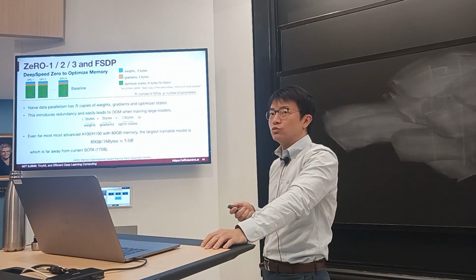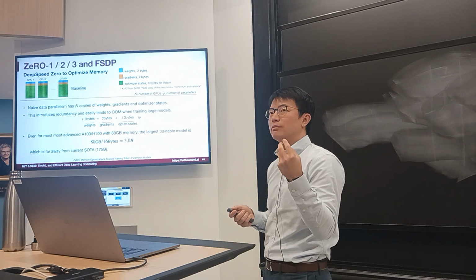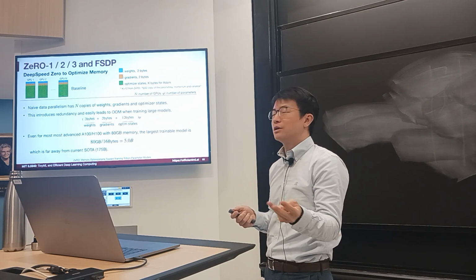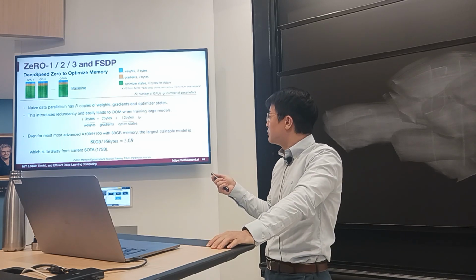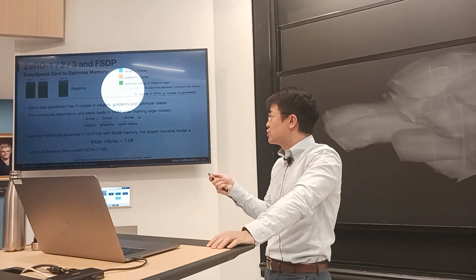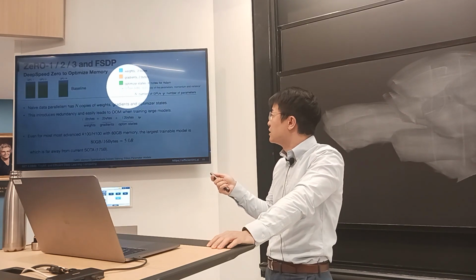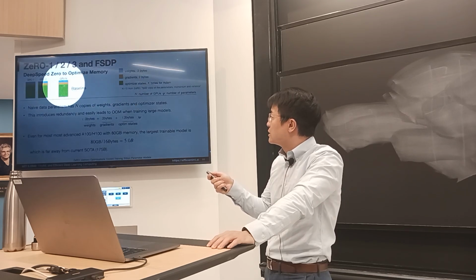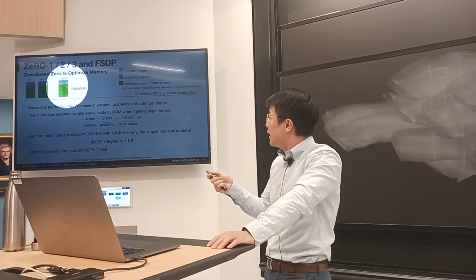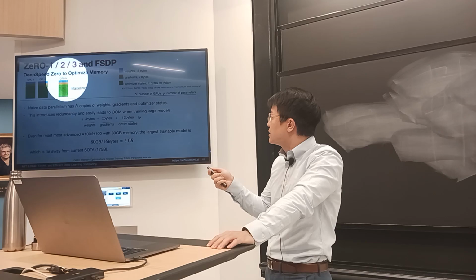The 2 momentums require 2 numbers, and the master copy of the weight is another number. So altogether, we need 3 numbers. Every number is 4 bytes, so we need altogether 12 bytes for the optimizer states. Okay? So this is the optimizer state. This is the gradient. This is the weight.